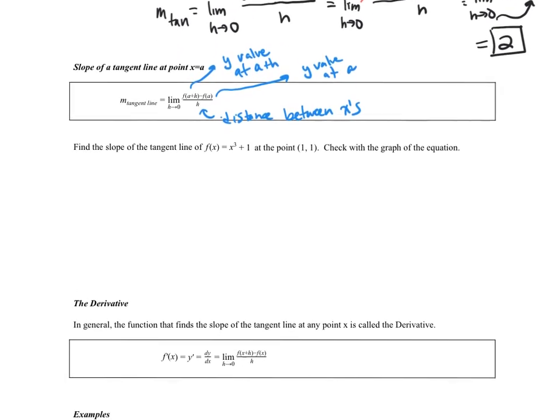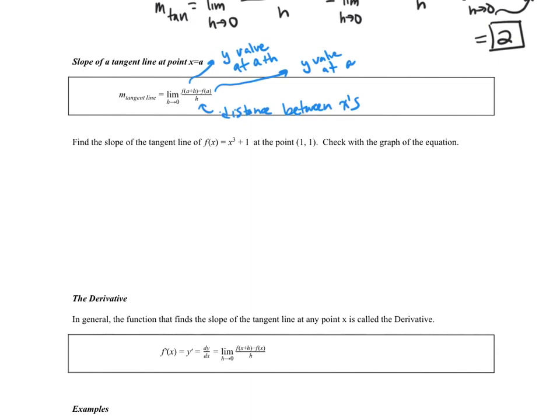So let's look at this example. Now, this is somewhat incorrect because this should be at the point (1, 2), but just to put it there. So if I want to find the slope of the tangent line here, my a is 1, because that's my x value.